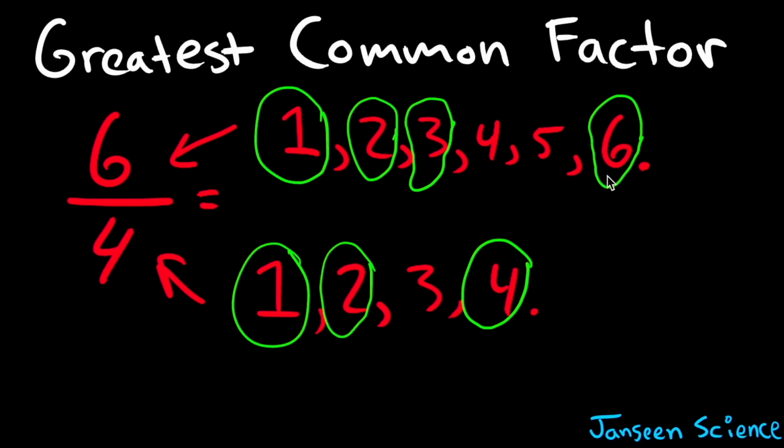Now, the reason why I stopped at 6 for the top number and at 4 for the bottom number is, let's start with 6. We stop at 6 because any whole number, remember, whole number, not decimal, bigger than 6 just won't fit evenly into 6. If I have 7, how many times can 7 fit into 6? 0.